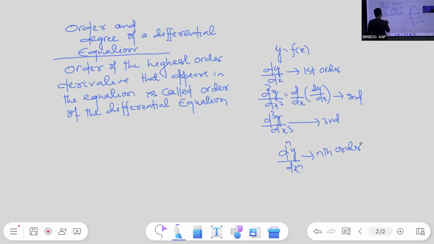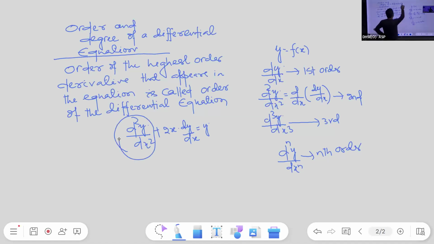For example, if an equation is like this, d square y upon dx square plus 2x into dy upon dx is equal to y, then the highest order of the derivative is 2. So the order of the differential equation is 2.